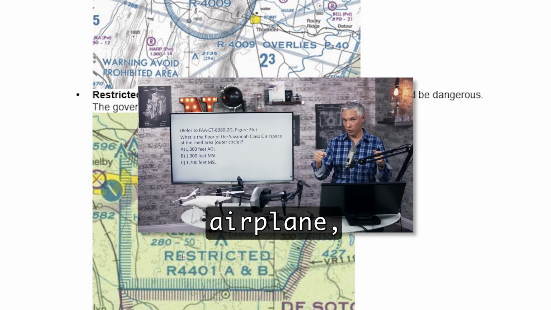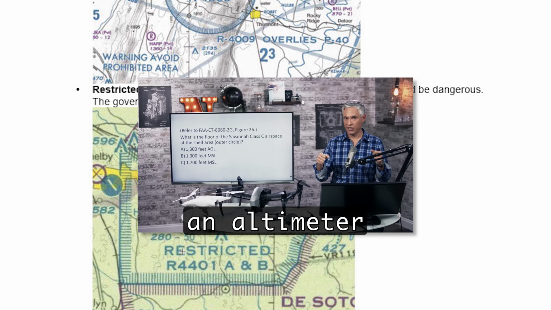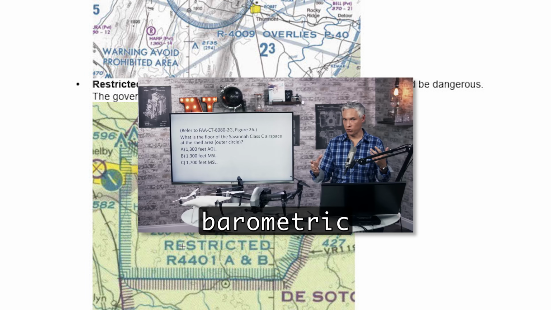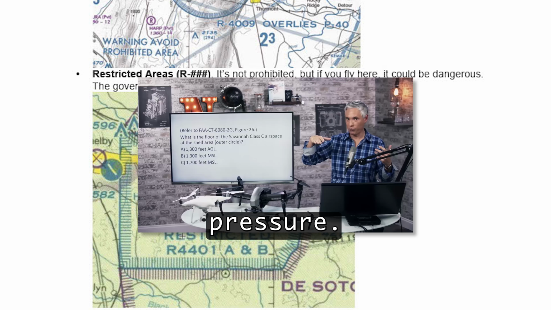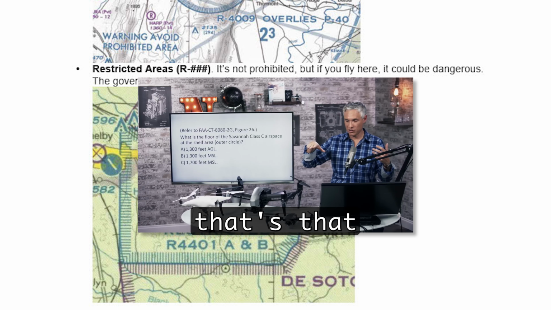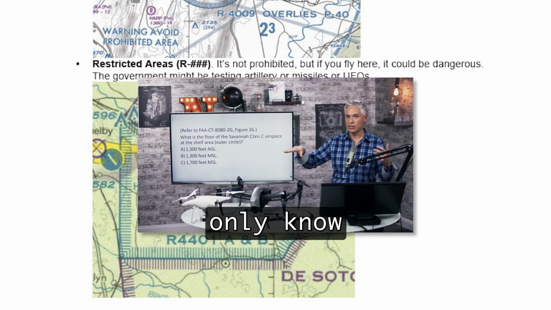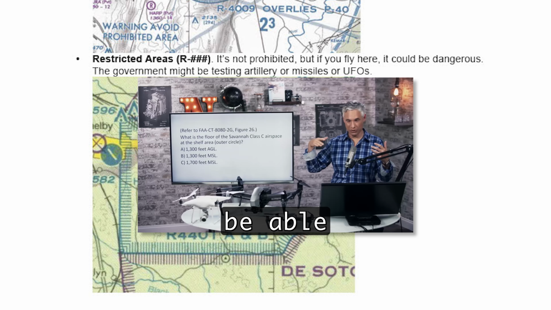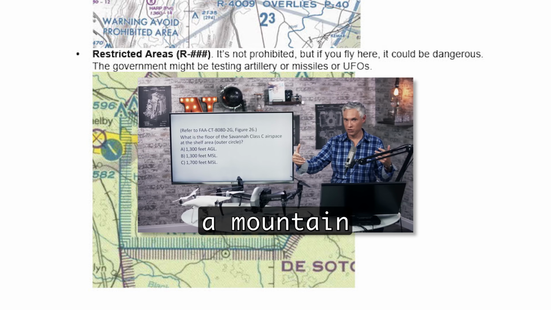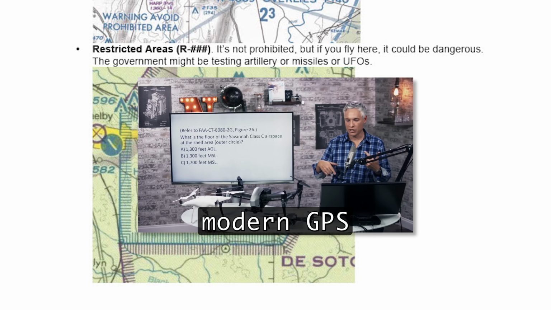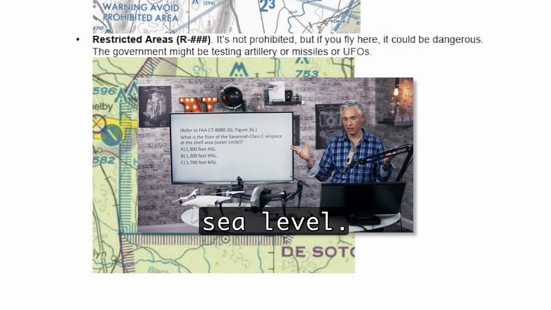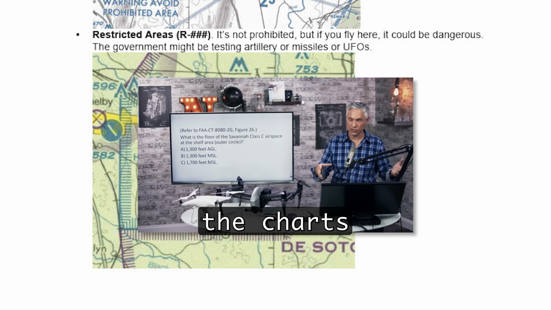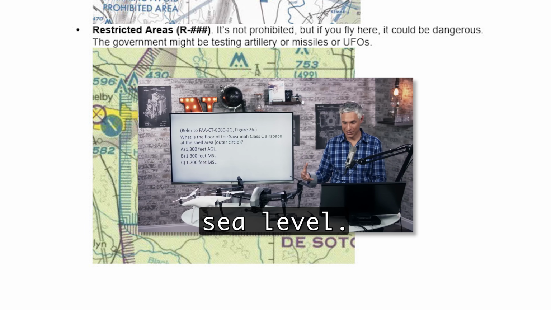So somebody in an airplane could have an altimeter, which would use barometric pressure to determine their altitude based on the air pressure. But of course, that altimeter would only know above sea level. It wouldn't be able to tell if you were flying over a mountain or something. So modern GPS could figure out above ground level, but these older airplanes could only determine sea level. So of course they're going to write on the charts the altitude above sea level.